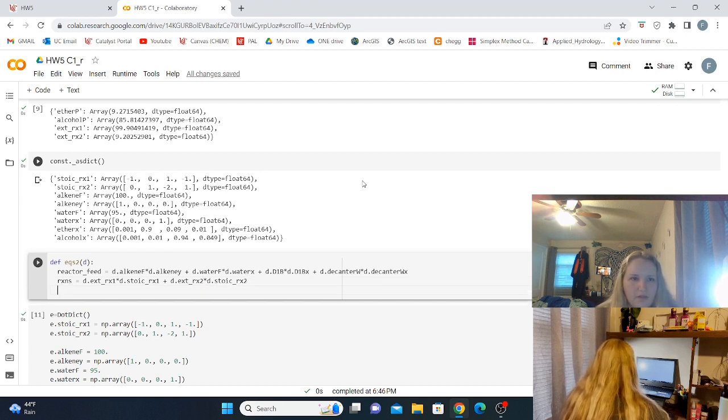That one looks good. Now we're going to do our equation for our reactor product, which is the stream into the first distillation column times its composition.